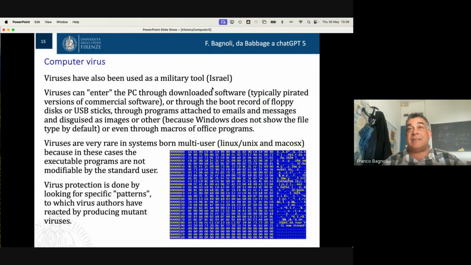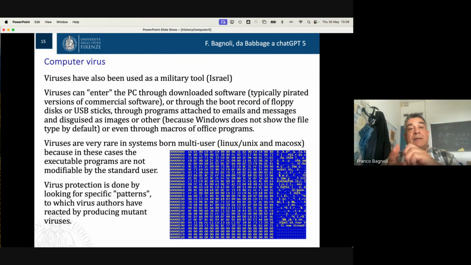Okay, so clearly viruses have also been used as military tools. For instance, Israel used a computer virus to destroy the centrifuges of Iran when Iran was trying to purify some nuclear fuel, because these are high-speed centrifuges, since they have to separate isotopes of uranium. The difference in weight is so small that you have to use a very high speed.